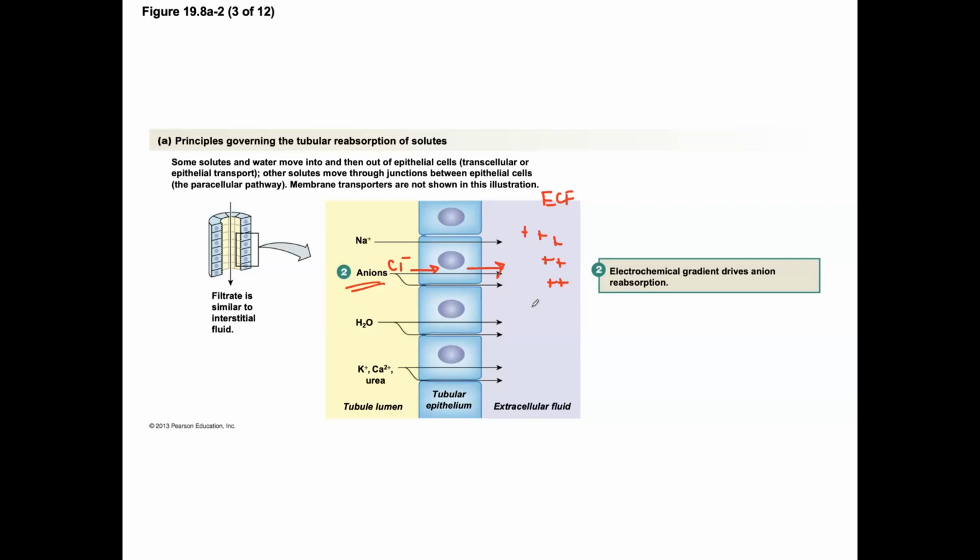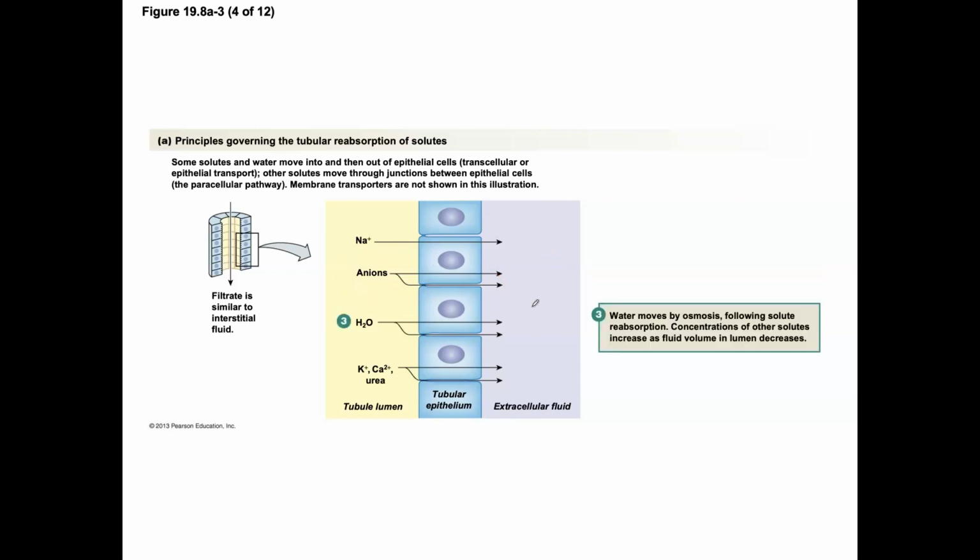Another thing to consider is the reabsorption of water. So as ions enter into the extracellular fluid, as we move other solutes, other molecules like glucose, like amino acids, as we move those molecules and ions into the extracellular fluid, that's creating an osmotic gradient.